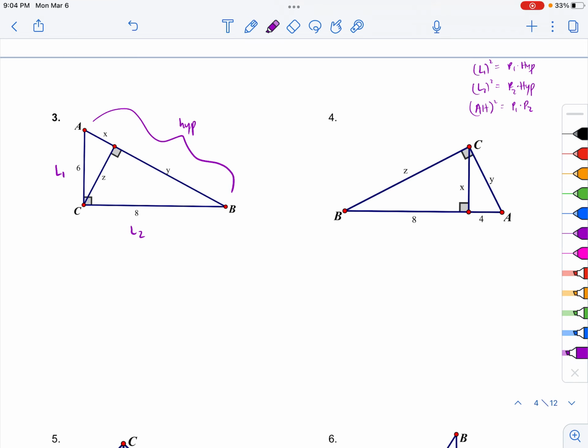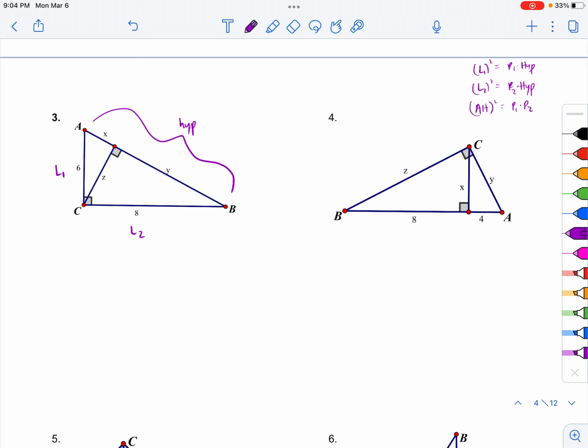And if you look closely, all of our equations require the part or the hypotenuse. So all of these equations actually we can't use unless we realize this is a right triangle. And we could use the Pythagorean theorem to solve for that hypotenuse.